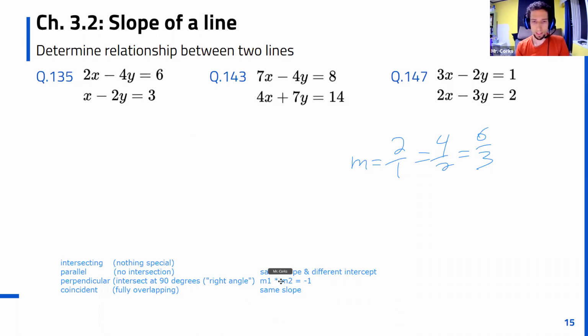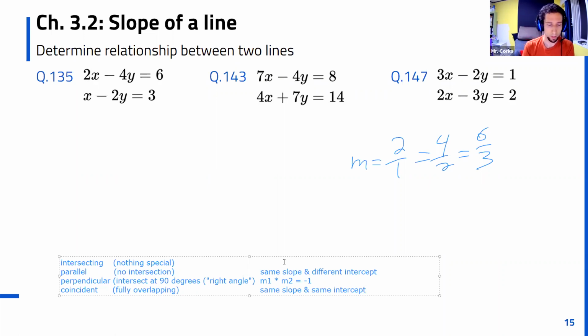All right, so same slope for coincident lines. And what else will also be true? Same intercept. There we go. Same y-intercept. If it's not the same intercept, then they're just parallel and won't be touching each other.